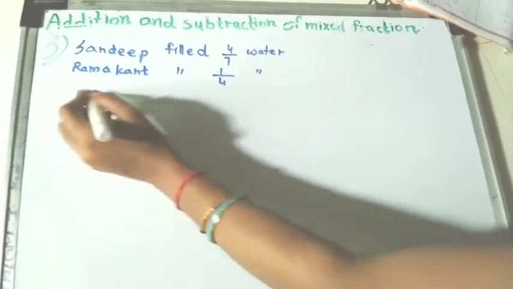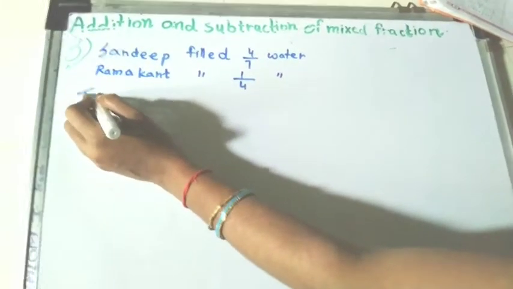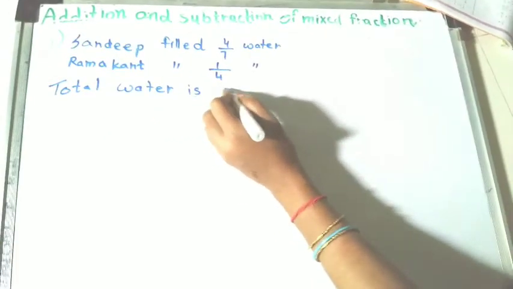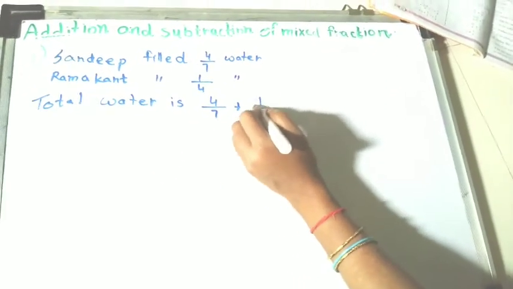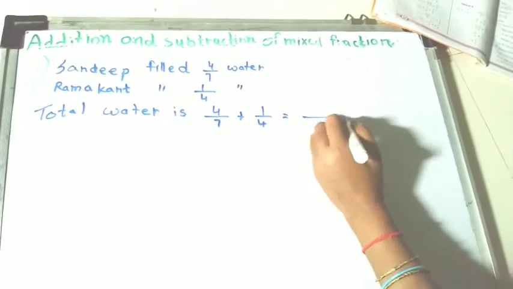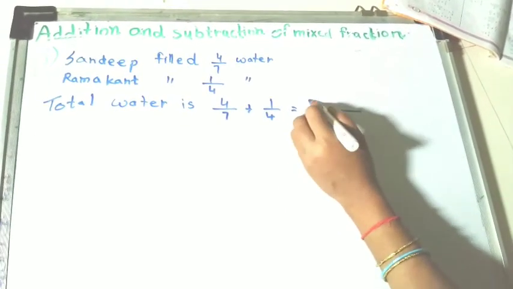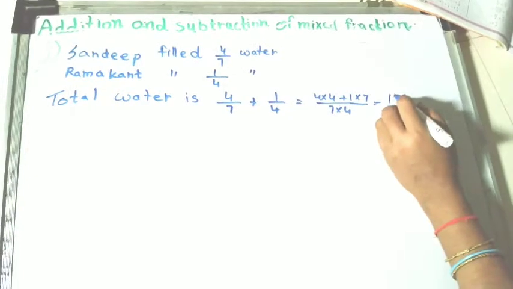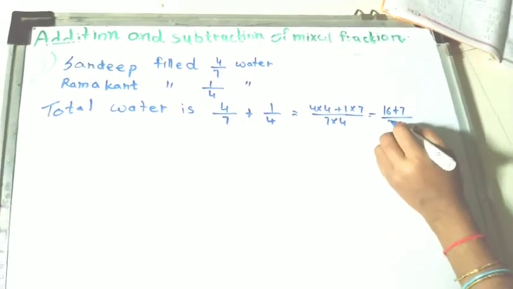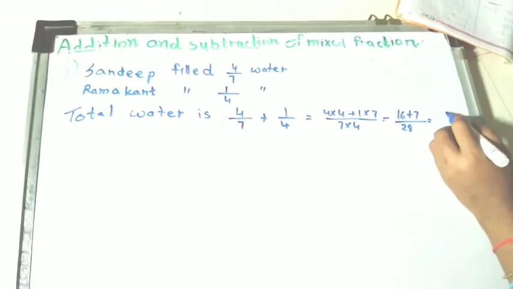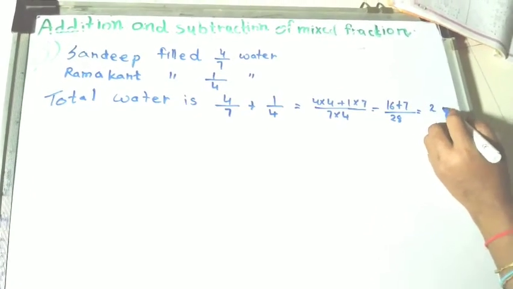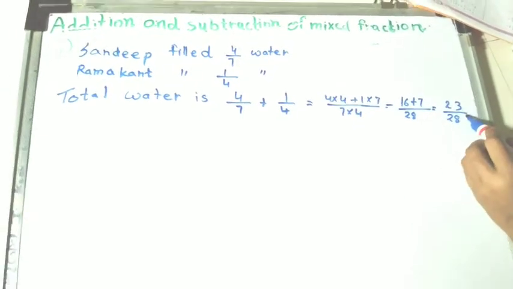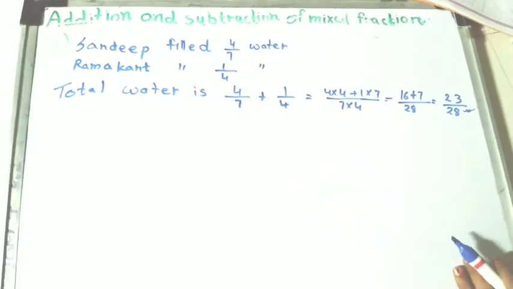Then the total part of water is 4 by 7 plus 1 by 4. It means 16 plus 7 by 28, which is 23 by 28. Total 23 by 28 part both have filled.